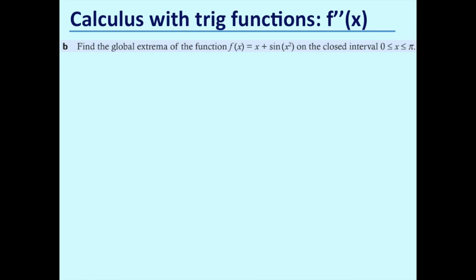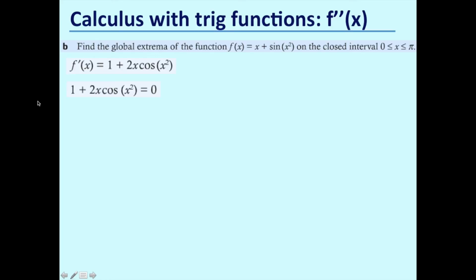For part B, find the global extrema of the function f of x equals x plus sine x squared on the closed interval x is greater than or equal to 0 and less than or equal to pi. So in order to do this, first of all, we need to find any stationary points. So the first derivative is 1 plus 2x cos x squared, so we're going to have to use the chain rule to differentiate this.